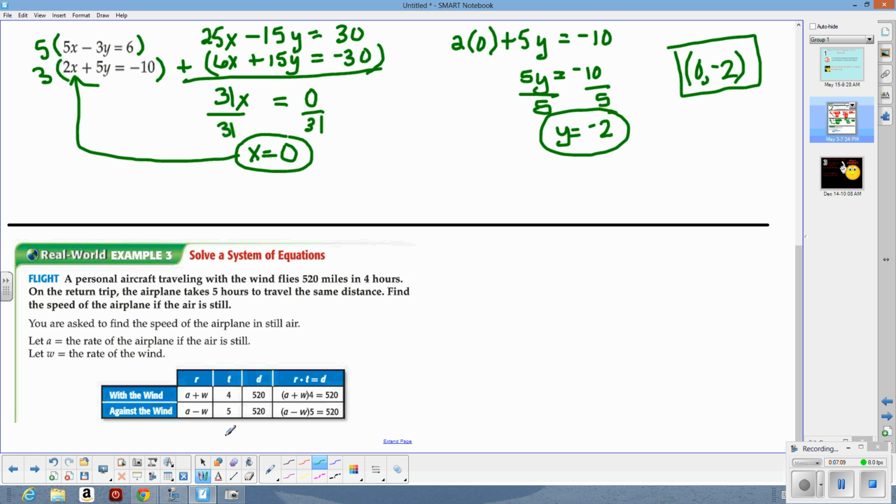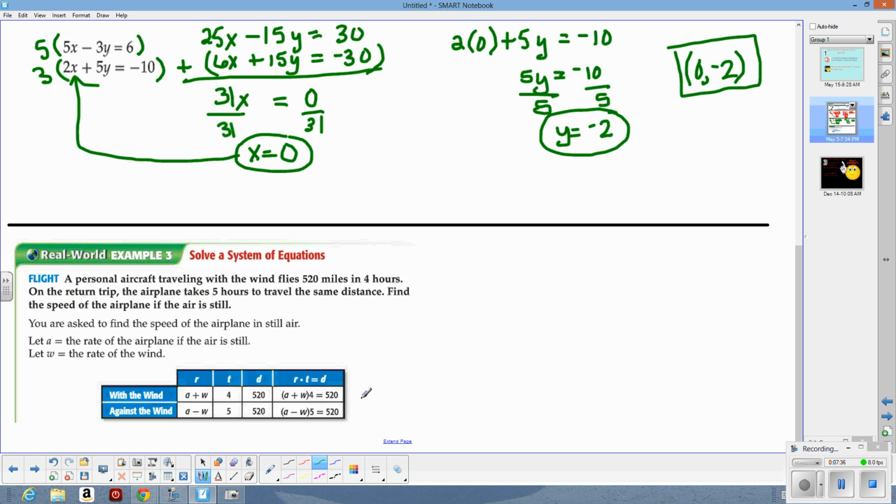And then on the way back, going against the wind, it took 5 hours to go the same distance. So since it was against the wind, the rate is the rate of the plane in still air minus the wind speed. Then we multiply that rate by 5 hours, and that's going to equal 520.